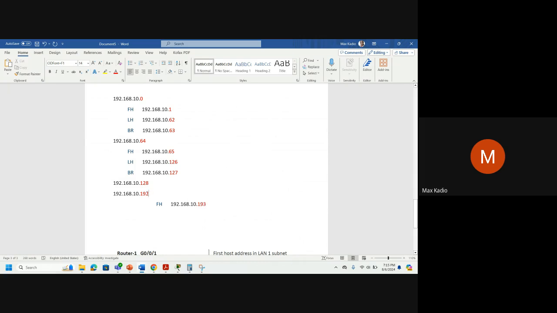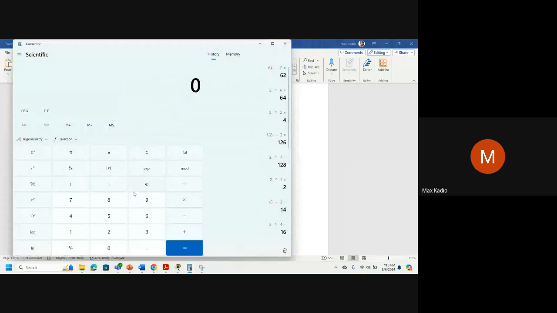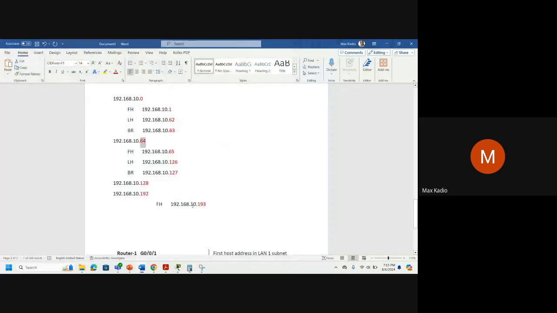So here, 192 plus 64, you see, the wildcard mask, the magic number, 128 plus 64 is 256. So if we need another network, it should be here 256.